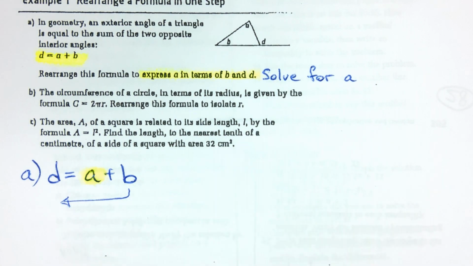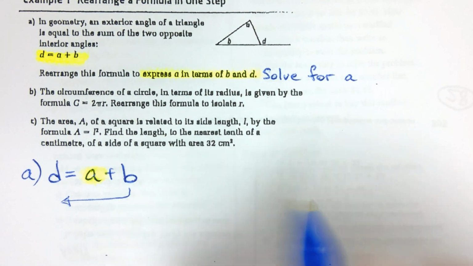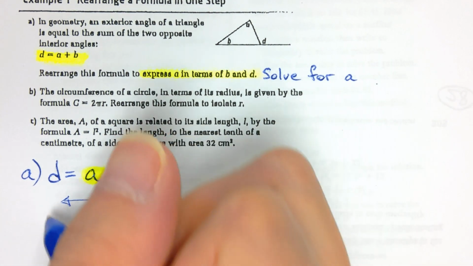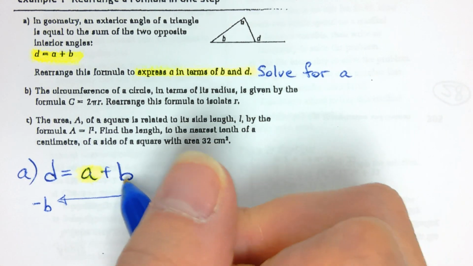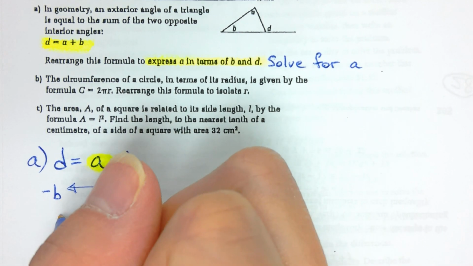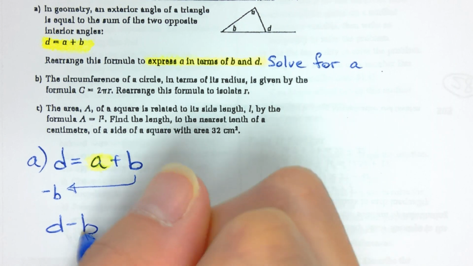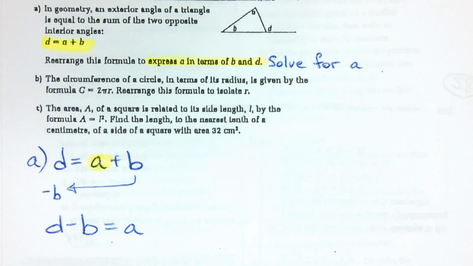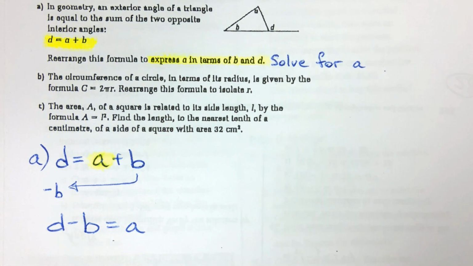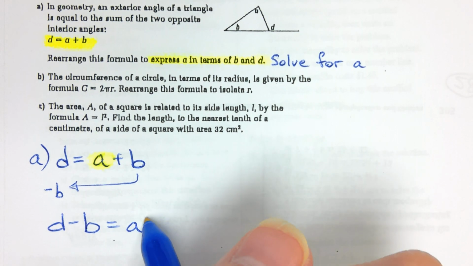Just like how we did it with numbers, when I move that B over, it becomes minus B. That's right. Positive B becomes minus B. So my equation is simply D minus B equals A. Okay. So all I did was I rearranged the order. And that's your answer. That's all it is.